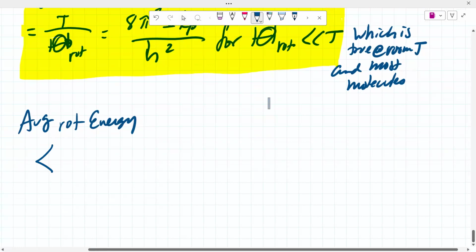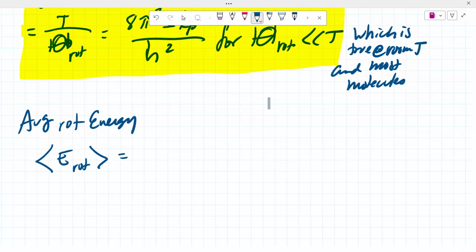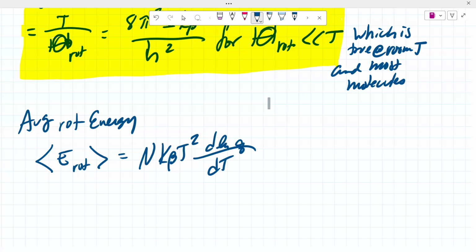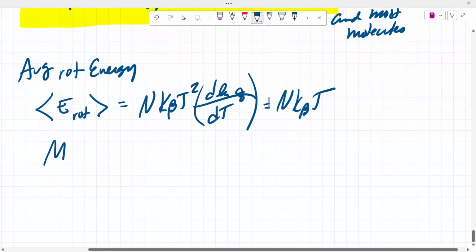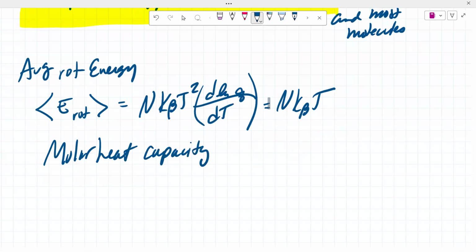The average rotational energy will be equal to N kB T squared d ln q over dT, which is N kB T, and we can also get the molar heat capacity, CV, equals R, the gas constant.